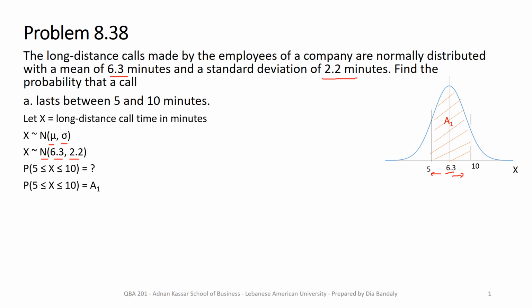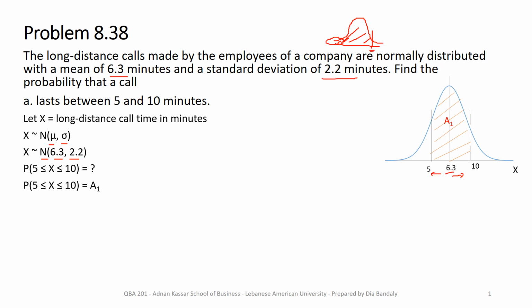Now this area, I cannot read it yet from the z-table, because the z-table gives me the probability that z is less than or equal to a certain value. What does that mean? If this is the z curve, what I read in the table are areas all the way from the end, which I will call the lower tail, until a certain value, a critical value or a boundary.